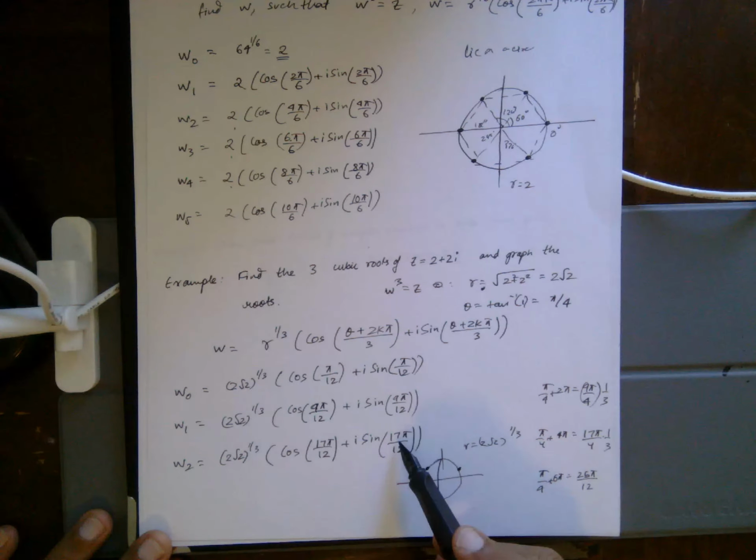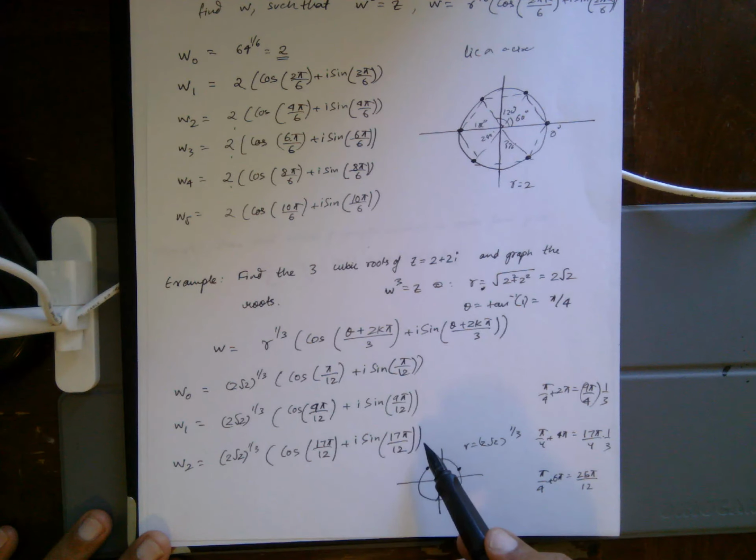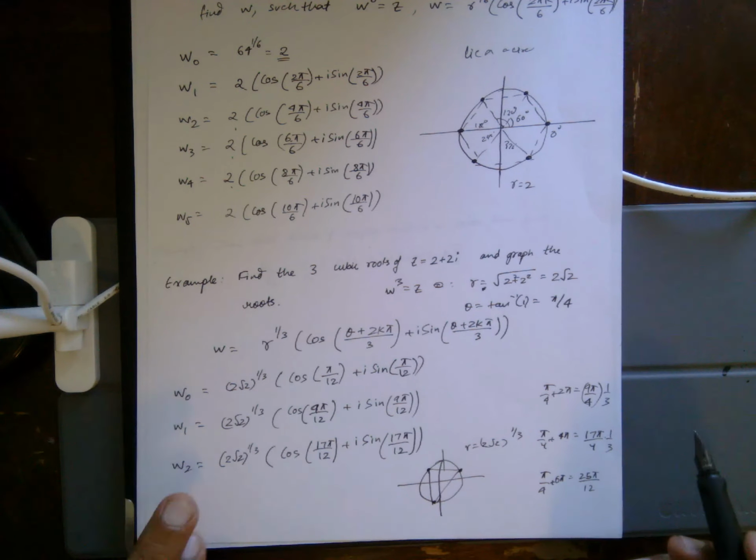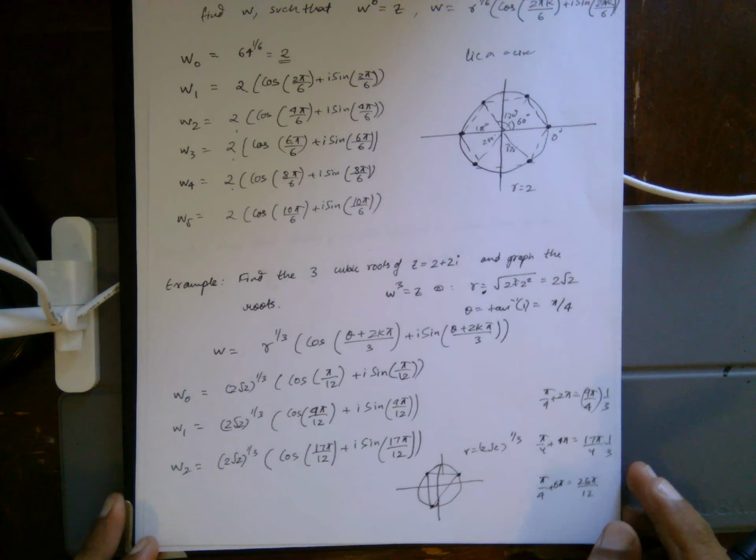And then 15 times 17 is, let's see, 170, and 17 times 5 is 85, so 255, somewhere here. So you get a triangle because you're working with a power of 3.